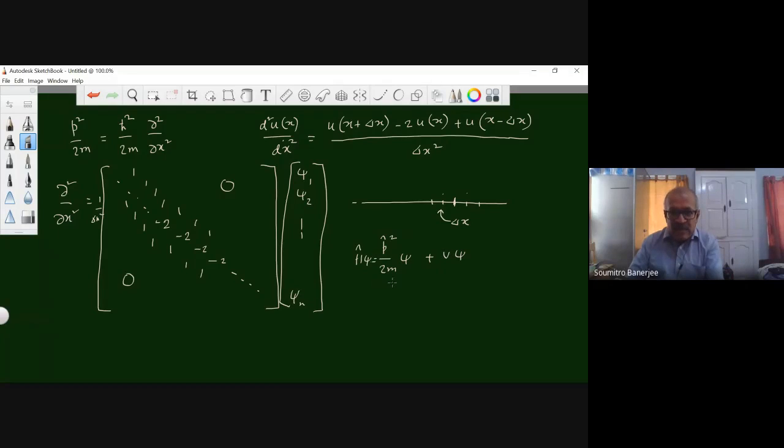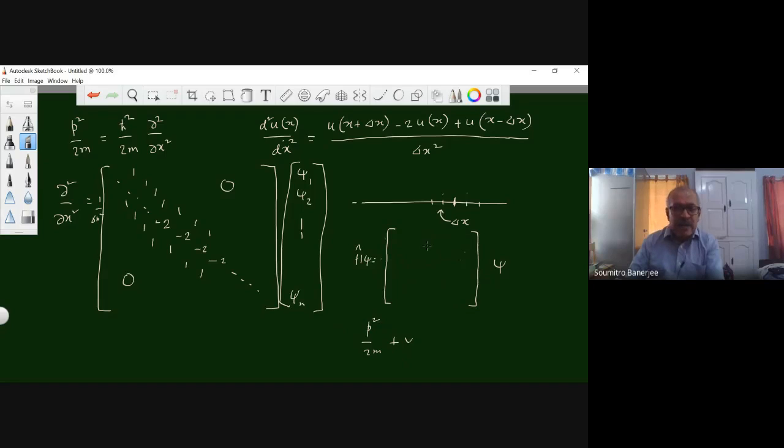This can also be written as a matrix, and so we can write the whole thing as a Hamiltonian matrix operating on psi. And what will that Hamiltonian matrix be? It is basically p square by twice m plus V.